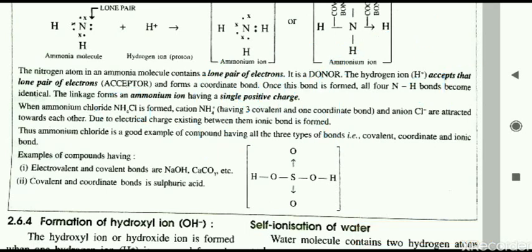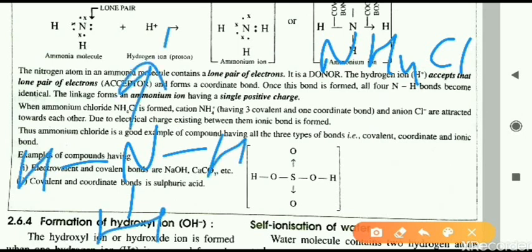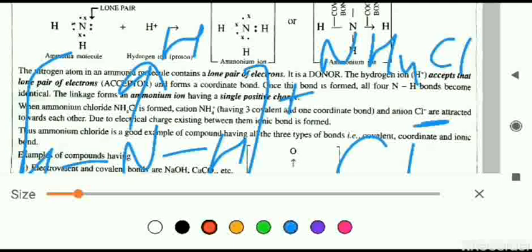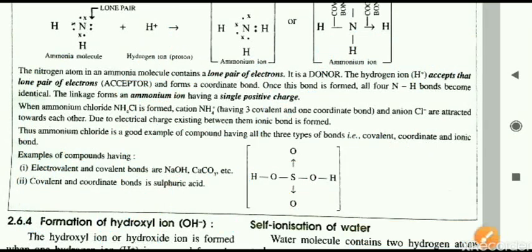So in this compound, NH4Cl, ammonium chloride, this is a very good example having all types of bonding. Three covalent bonds are there, one coordinate bond is there, shown by the arrow, and the complex is positively charged, and it is bonded to the negatively charged chlorine. This positive and negative attraction leads to the formation of an ionic bond. So one coordinate bond, one ionic bond, and three covalent bonds. This is a perfect example of a single compound having all types of bonding.